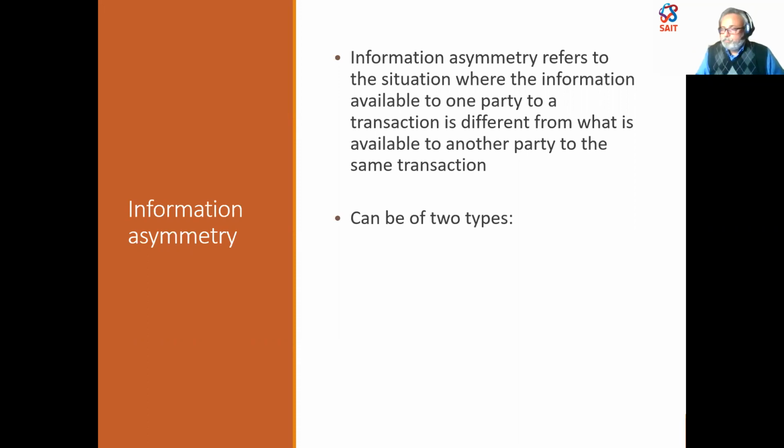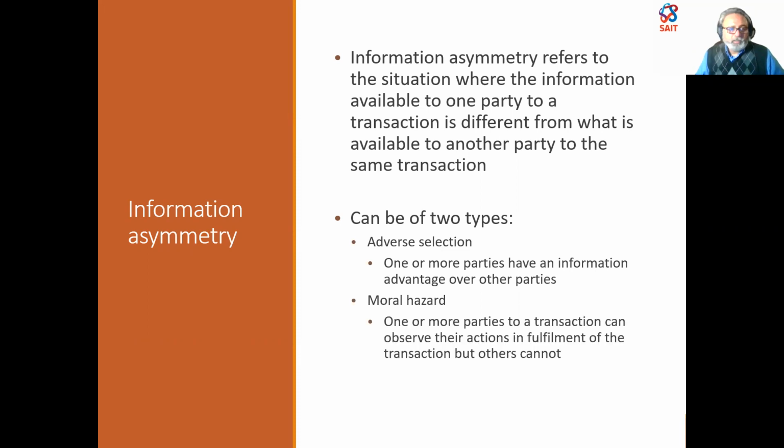So information asymmetry, we talked about it last class, can be of two types: adverse selection and moral hazard. Adverse selection is where one party has better access to information.